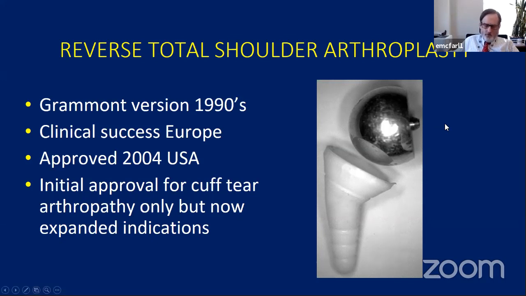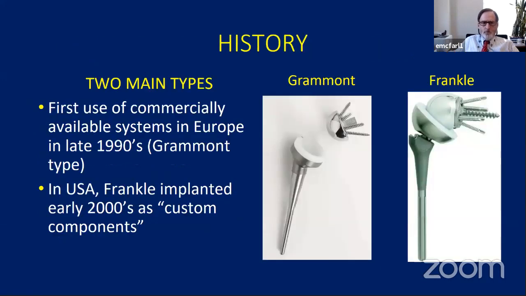And nobody really pays attention to that anymore, because the indications have expanded to a lot of other things. But probably the patient population that they work the best in, that really are very happy, are the cuff tear arthropathies.